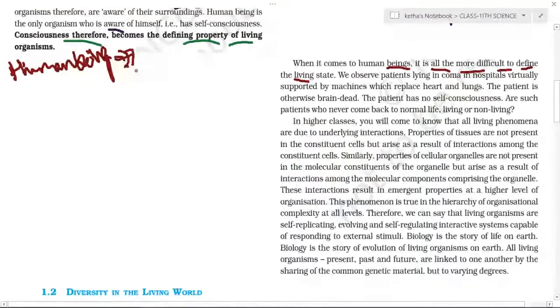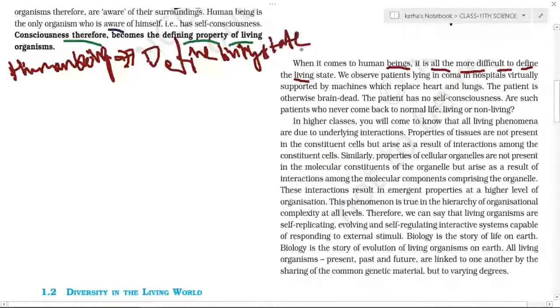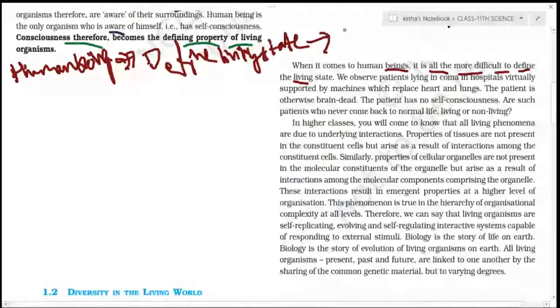We are going to see that it is more difficult to define the living state of a human being.